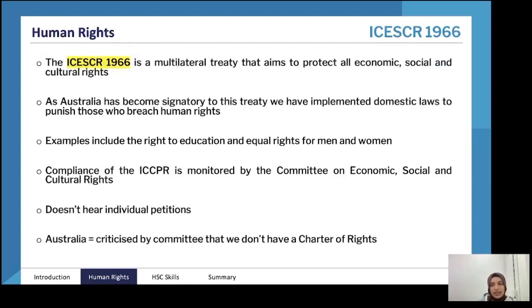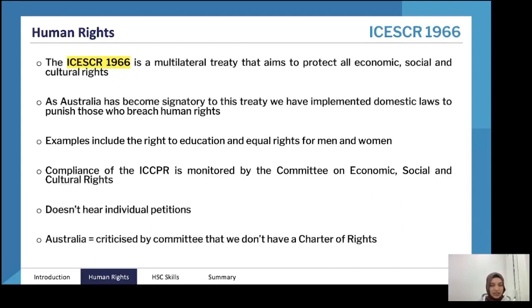We've then got the ICESCR 1966. It is a multilateral treaty that aims to protect all economic, social and cultural rights. As Australia has become a signatory to this treaty, we have implemented domestic laws to punish those who breach human rights. So for example, the right to education, equal rights for men and women, etc. Whereas this is under the Committee on Economic, Social and Cultural Rights.